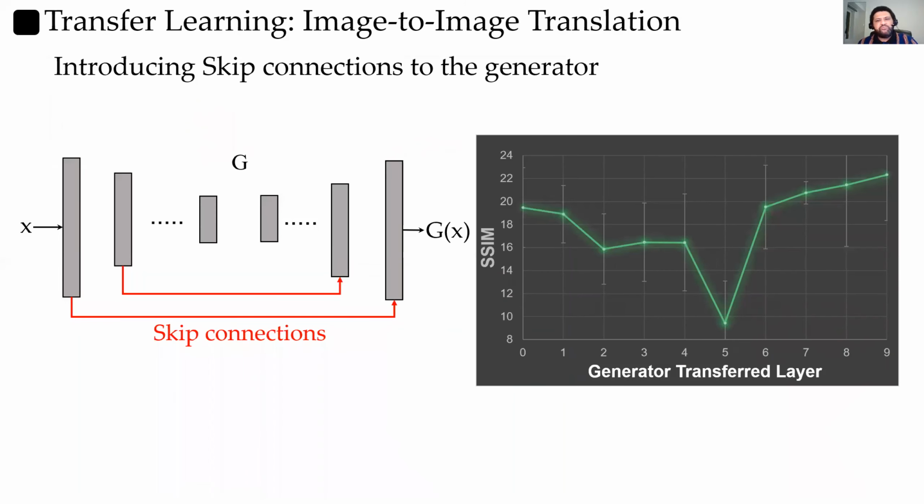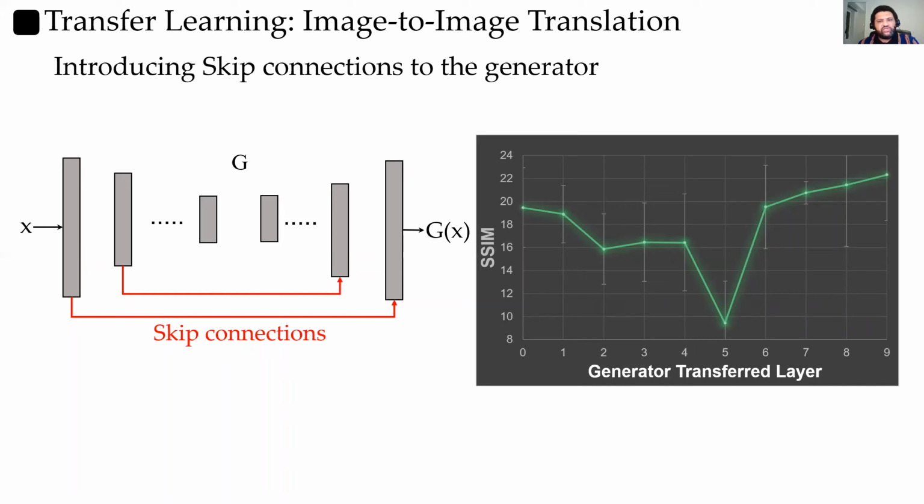However, when introducing skip connections, the generator trend changes from increasingly well performing by adding more layers from the source domain to having this V shape. And actually, this can be explained as a direct effect of the skip connections, which force the layers to learn features in a collective way, meaning that the first layer of the generator learns common features collectively with the last layer, and so on.